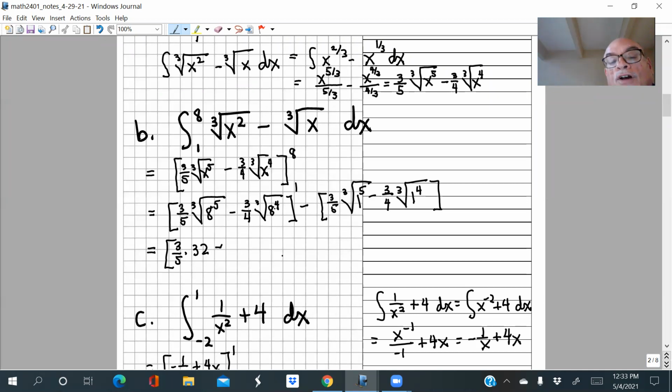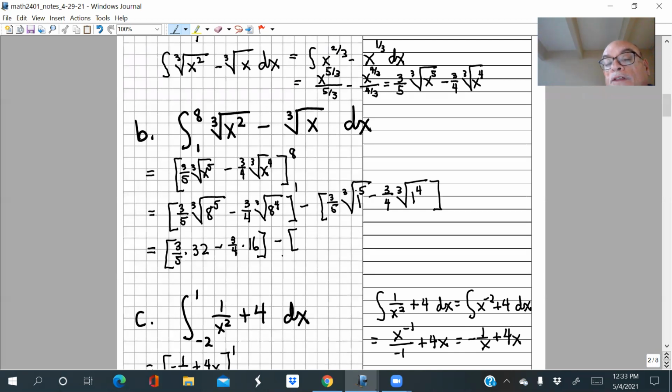And same thing here. First, take the cube root of 8 and then raise it to the 4th power. Well, the cube root of 8 is 2, and 2 to the 4th power is 16. So you have 3/4 times 16. So not all that terrible. And then here, these are easy, right?